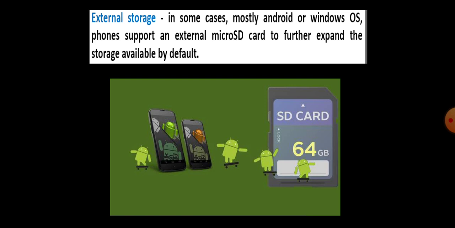That is, if our internal memory is not sufficient for our usage, if you want to store more files, more videos, more audios, you need to insert an external storage to support the internal storage. It can only store the data.